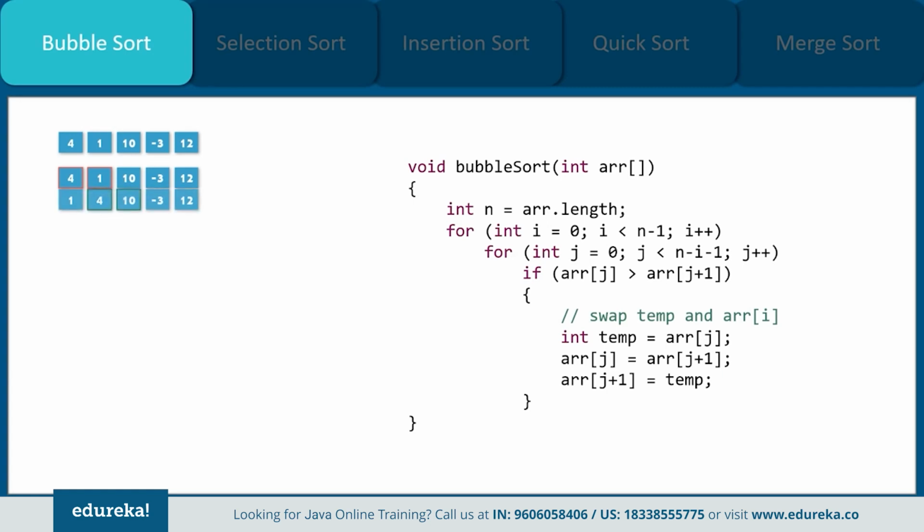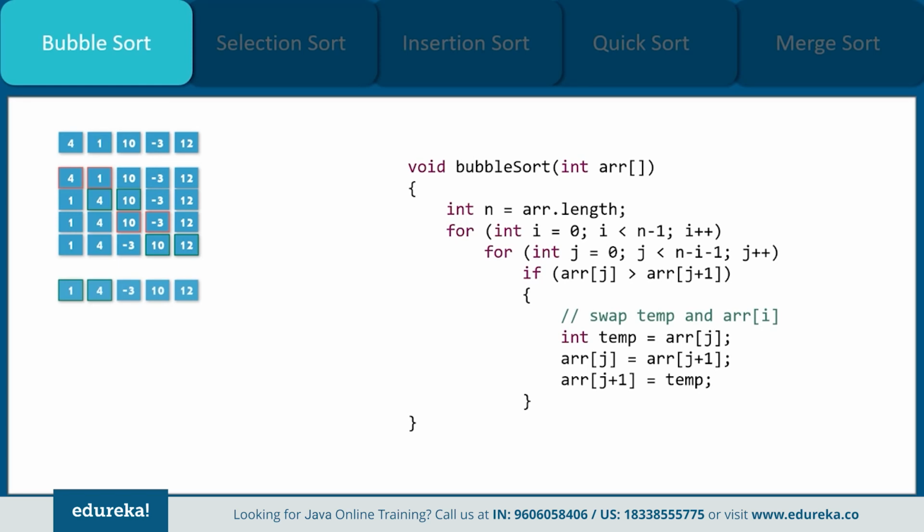Next we are comparing 4 and 10. This will pass because 4 is lesser than 10. Then we'll move on to the next adjacent elements, 10 and -3. When we compare them, we find that -3 is the smaller one, so we swap them. In the same way, when we compare 10 and 12, it's perfectly fine, so we pass.